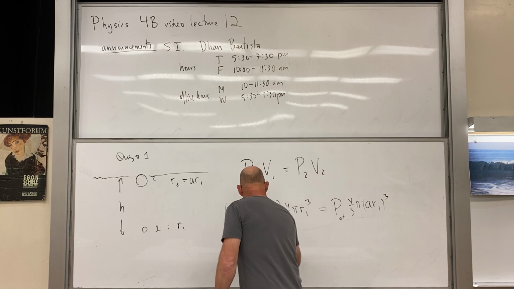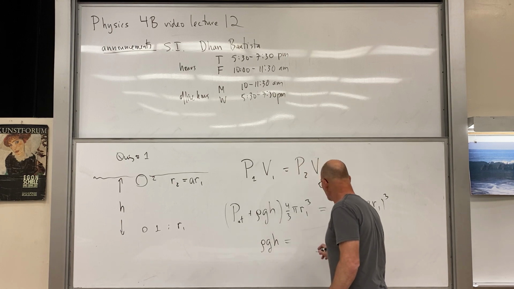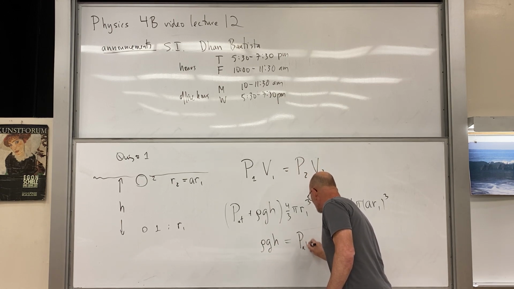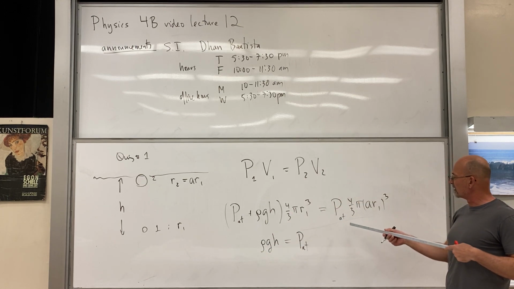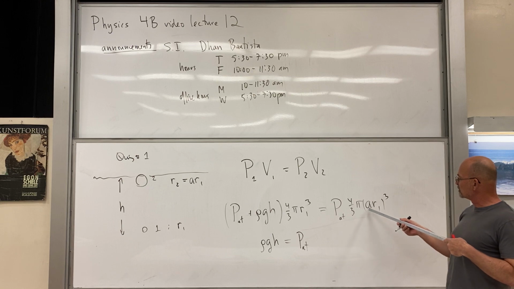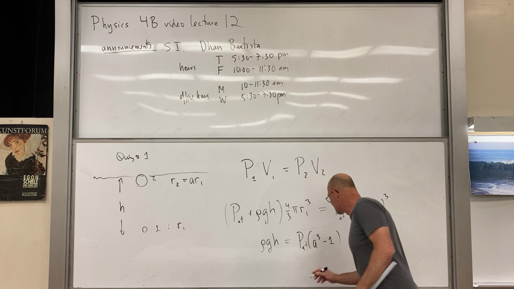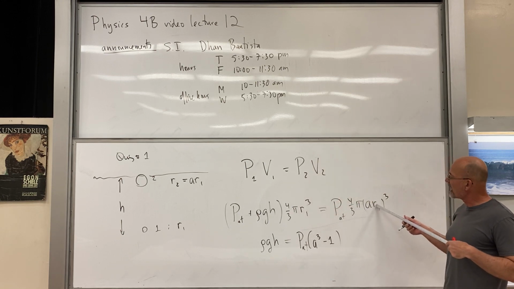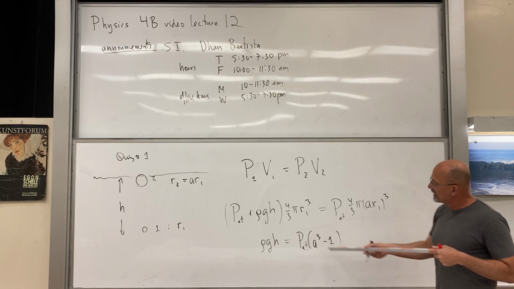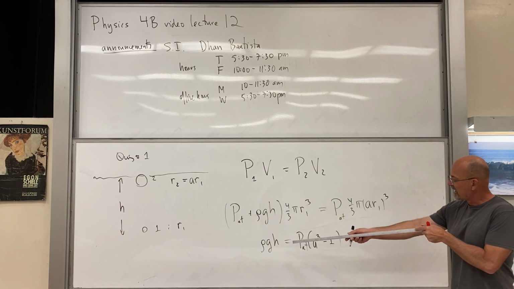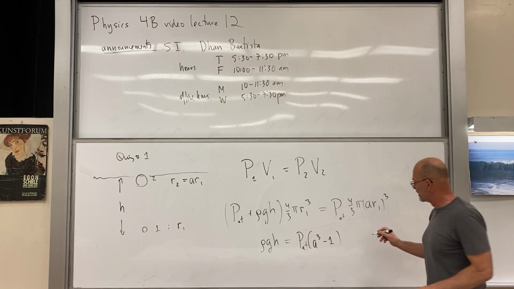So we end up with density g h is equal to the atmospheric pressure. Just looking at the right side, atmospheric pressure A cubed minus 1. 4/3 pi R1 cubed canceled from both sides, so we had P atmosphere A cubed, brought over from this side, minus 1, and now we'll just divide by density of water times g, and we'll have h.